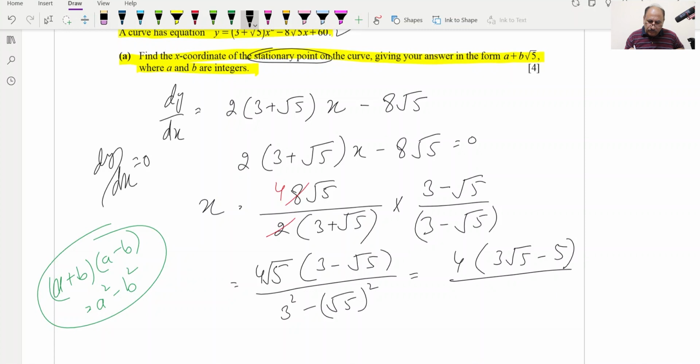Over this one will be 9 minus this will be 5.